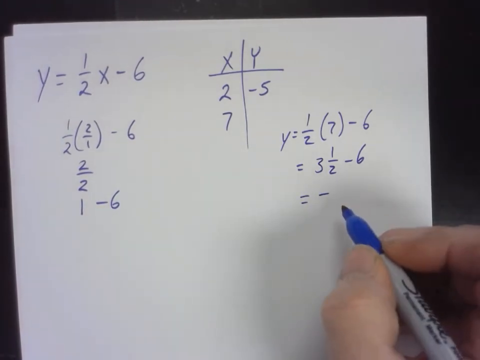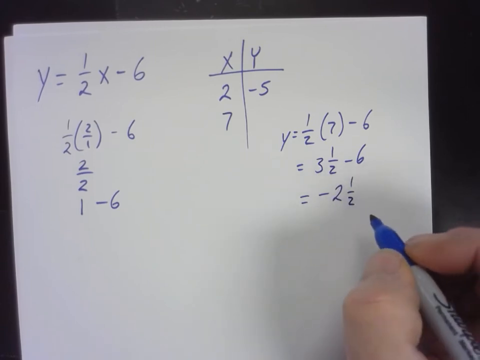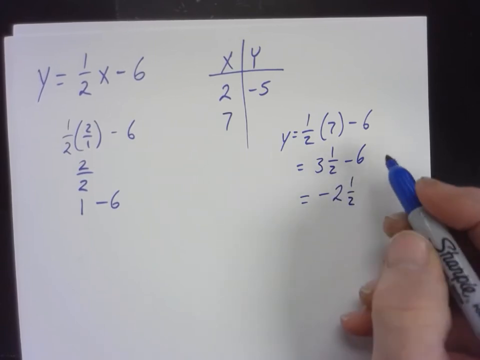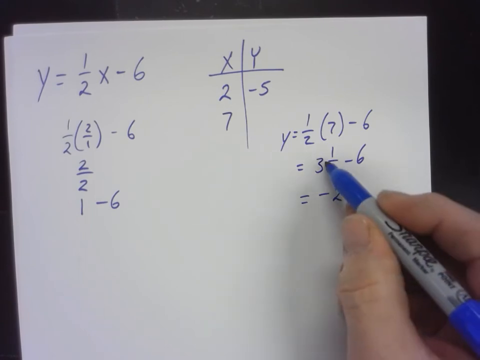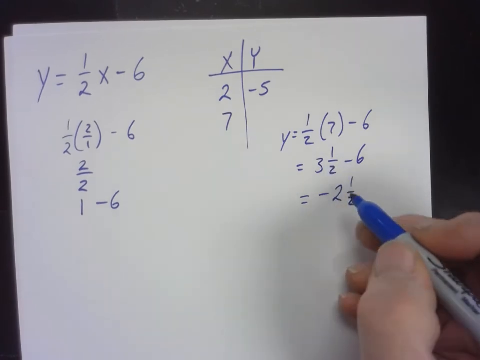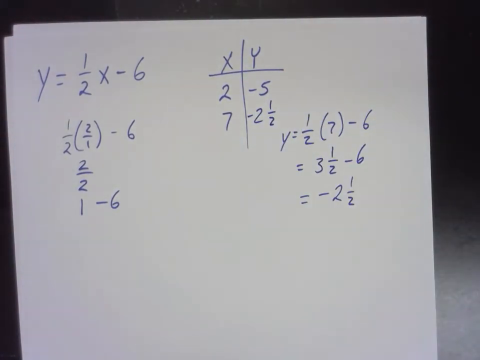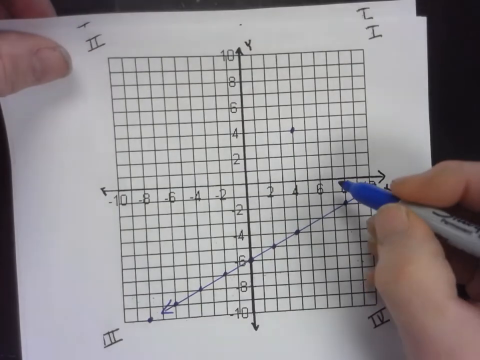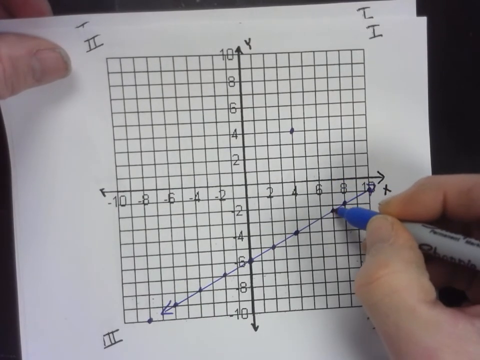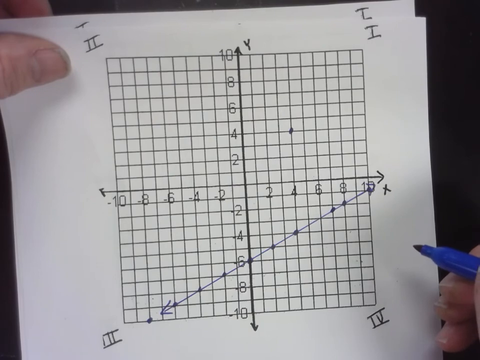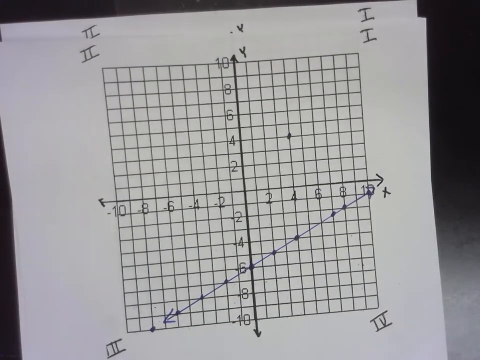Negative. Negative 2.5. See, because your half would get you up to 4, and then 2 more would get you to 6, wouldn't it? So 7, negative 2.5. Work? Sure. You can put a 3rd in, you can put a 4th in.